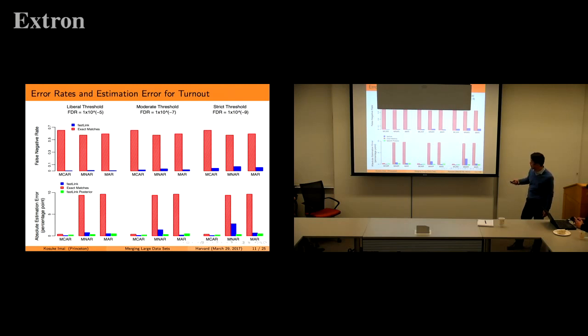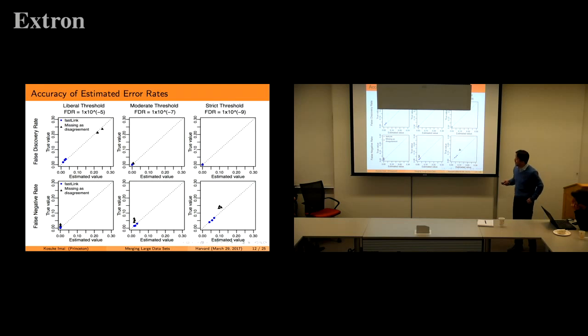Even when data is not missing at random, the bias is much smaller. When the data is not missing at random and you start calling match or non-match strictly, you start missing certain types of people who are either voting more or not voting, whereas the weights allow you to capture those observations.